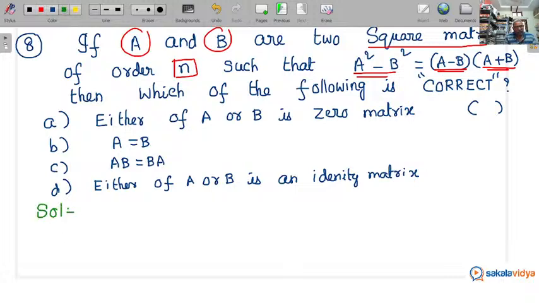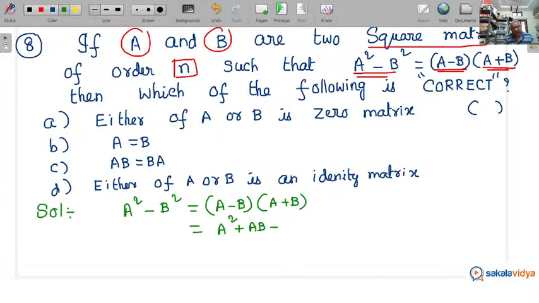First consider this one: a square minus b square is equal to what is given here, a minus b into a plus b. So the distributive property on the right hand side we need to apply. So a into a gives a square, a into b gives ab, minus b into a, order should not be changed, ba, and minus b into b, minus b square.